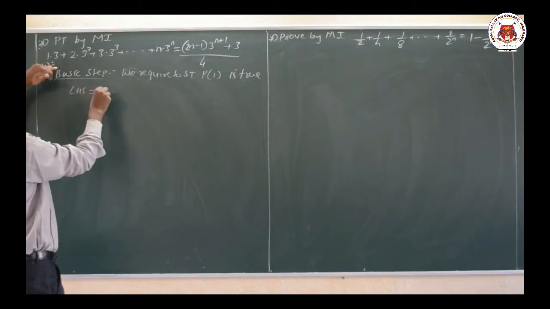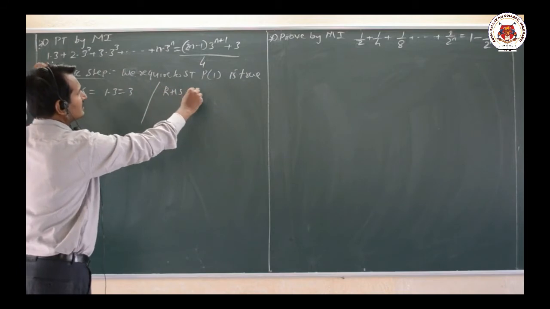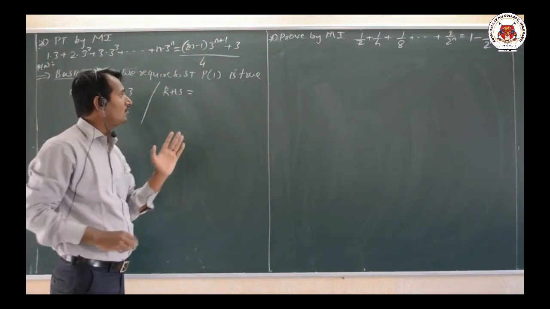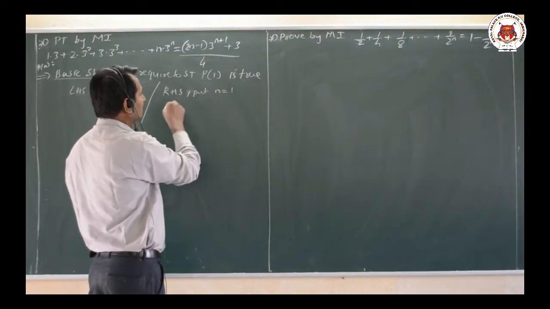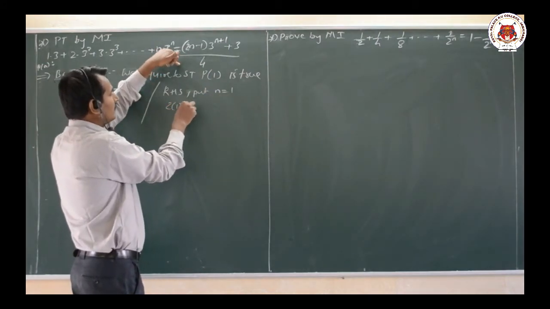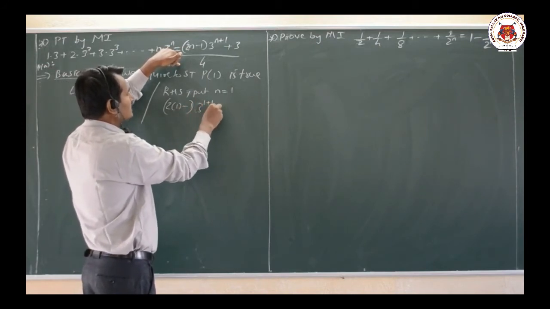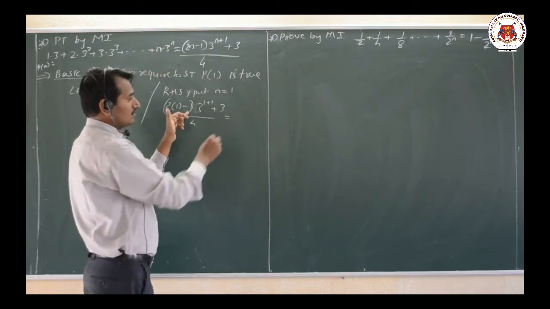What is the LHS part? 1 into 3, that is 3. Similarly, the RHS. In the whole RHS, I have to put n is equal to 1. That is 2 into 1 minus 1 into 3 raised to 1 plus 1 plus 3, divided by 4, which is equal to 2 minus 1, the value will be 1.